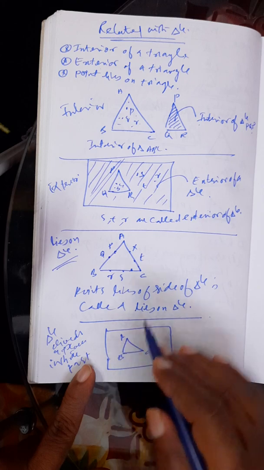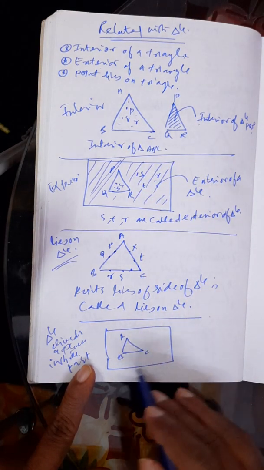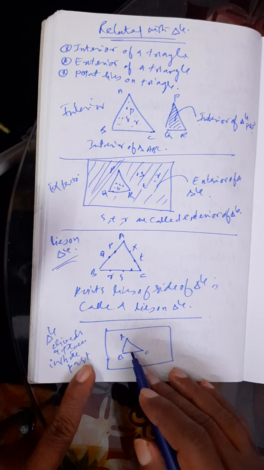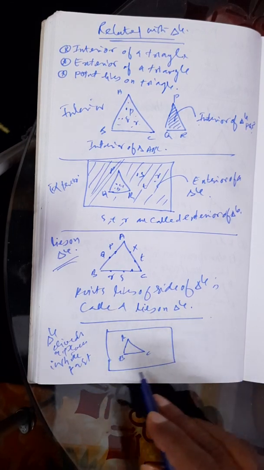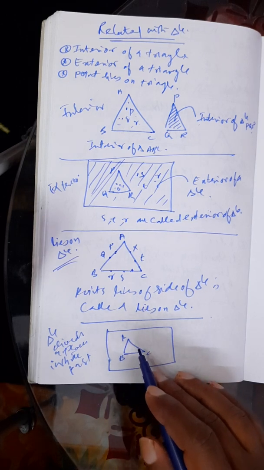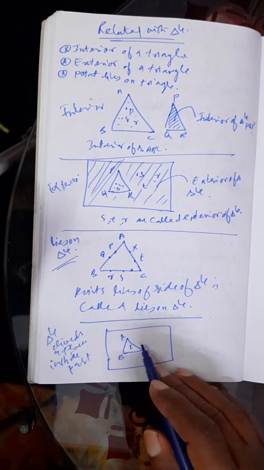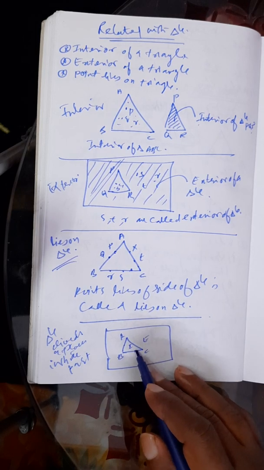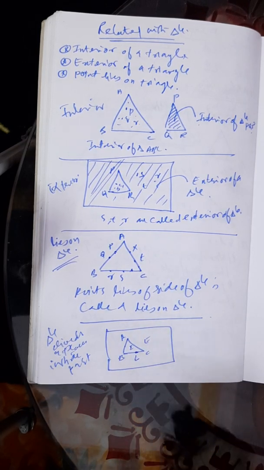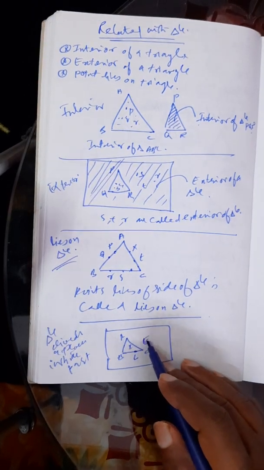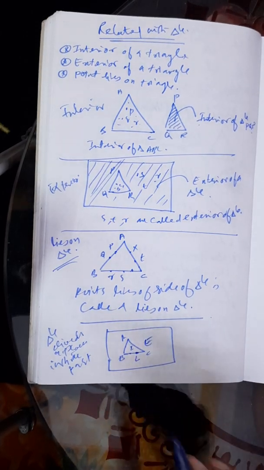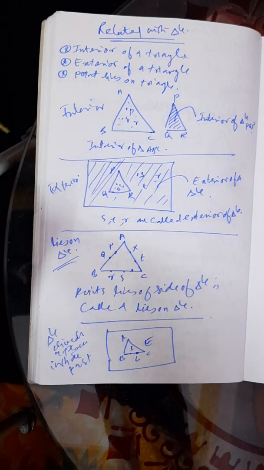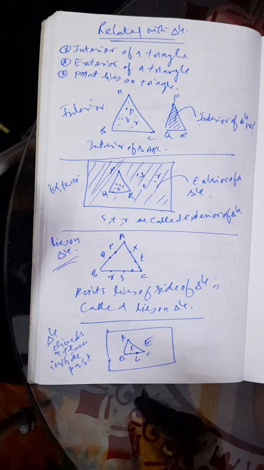One part is the interior, another is the exterior, and the points that lie on it. So a triangle divides a plane into three parts: interior, exterior, and lies on. Very important point, you have to remember this.